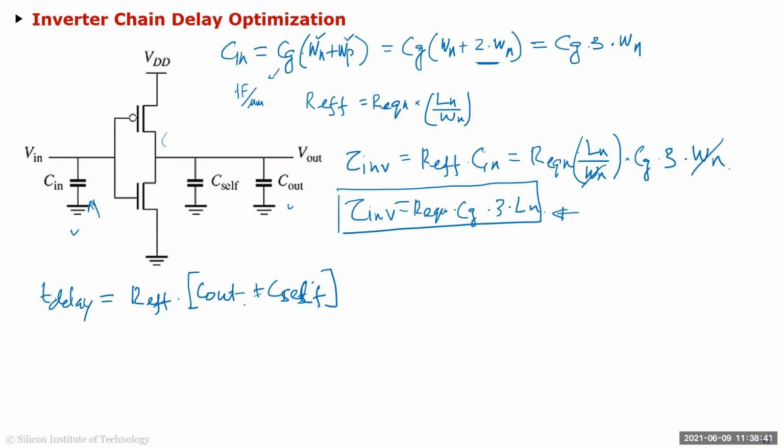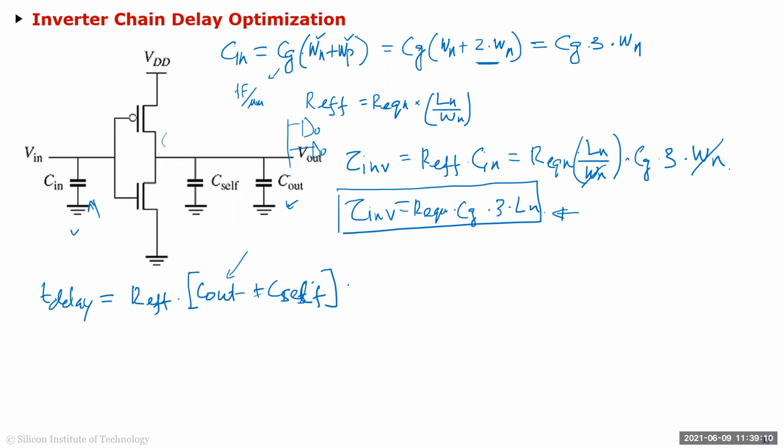C self is nothing but the parasitic capacitor of the Mos, so all the CDB and all that we calculated in the previous slide. That's what constitutes C self. And C out, you remember, is C wire plus all the gate capacitance of the next load. So if you have all these gates in the next stage, all their gate capacitances are calculated in C out. Okay, so that's your delay.